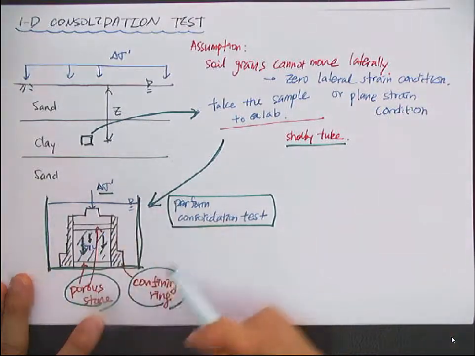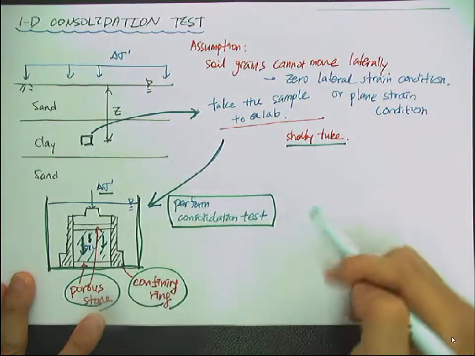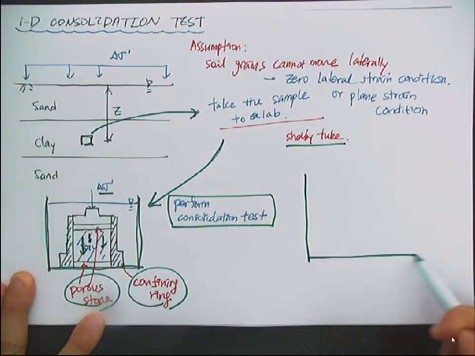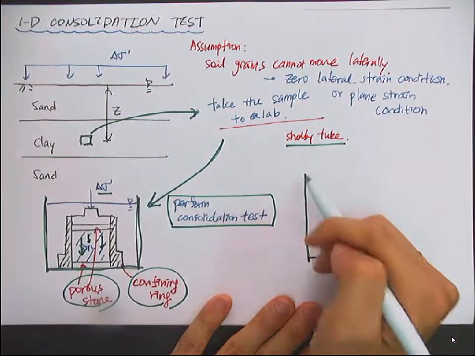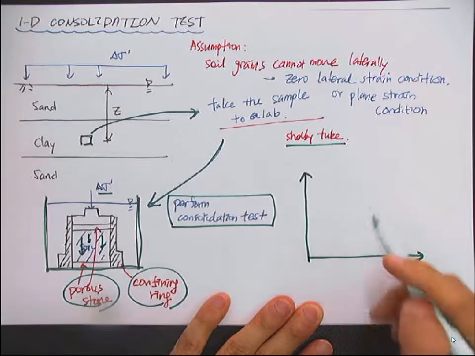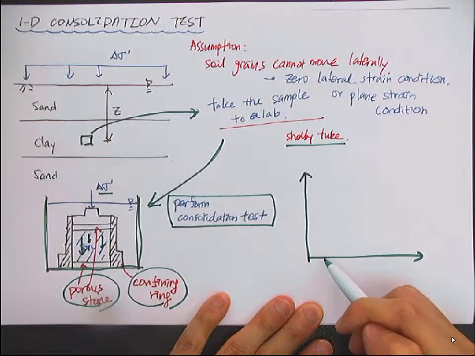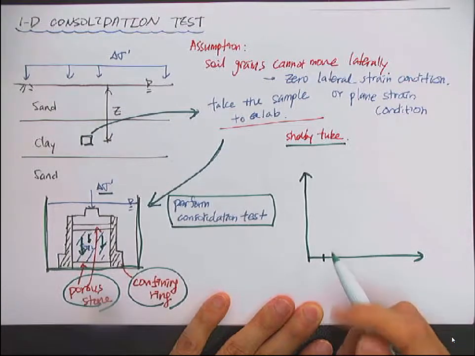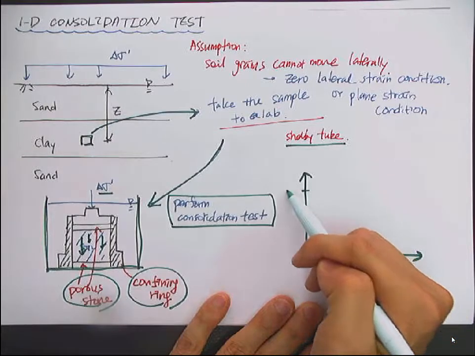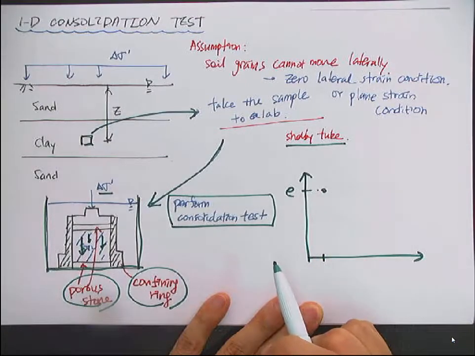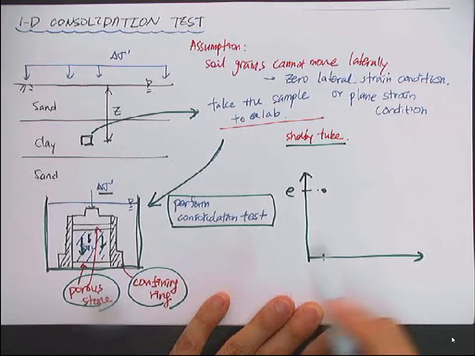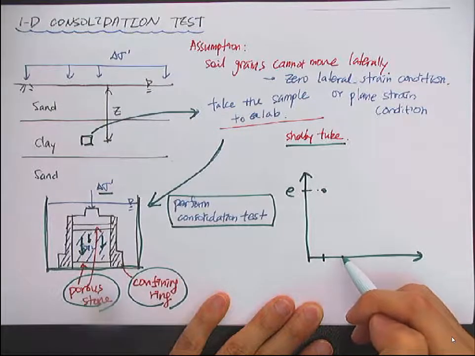And from this consolidation test, you obtain this kind of curve. So first you apply a certain amount of stress, maybe step loading 1, and then there will be a void ratio corresponding to that stress amount. Then you increase the stress.